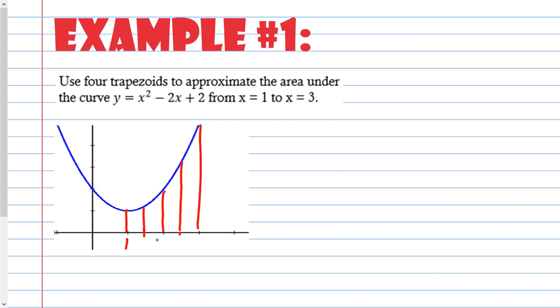So we have 1, we have 3, we have 2, then we also have 1.5 and 2.5. So our trapezoid is going to look something like this.